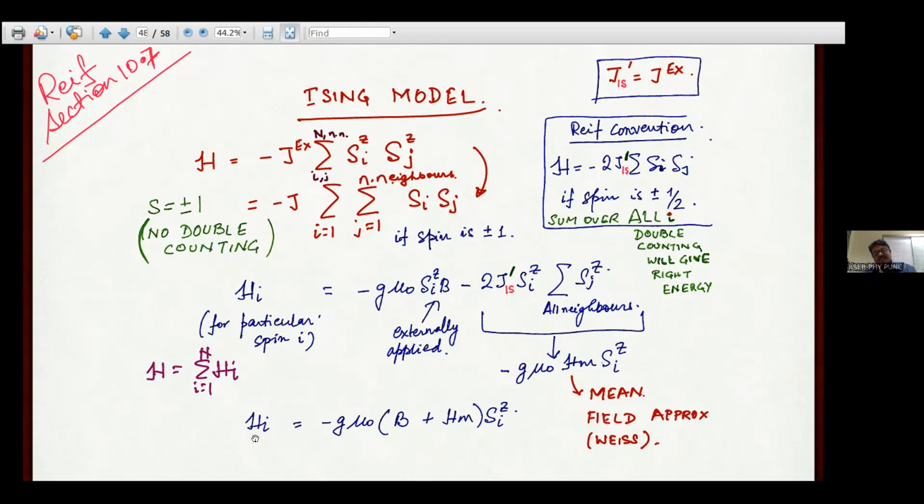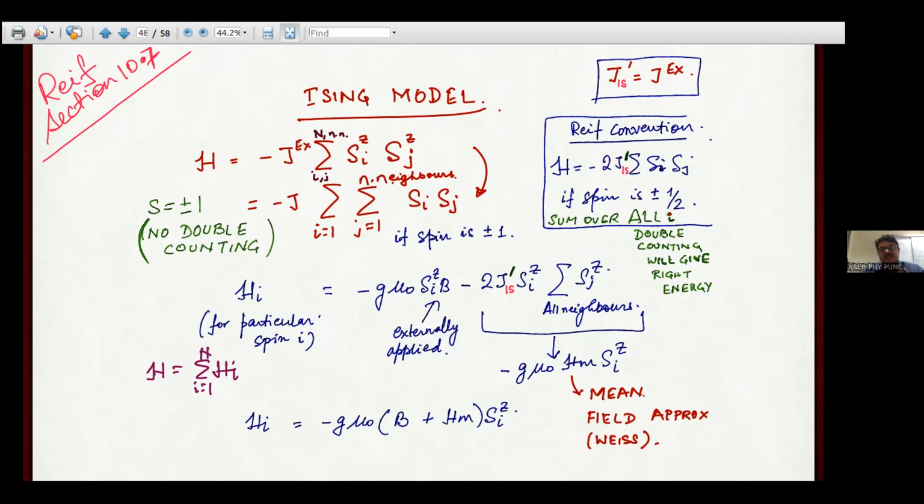So the H_i, the Hamiltonian for a particular spin, can be rewritten as, so this term you are writing as g mu 0 H_m into S_z to bring parity with this term. So this term is being written as minus g mu 0 H_m, some average magnetic field, whose value we have to find out at the end of the calculation, right?